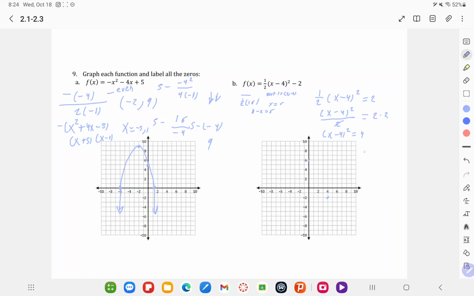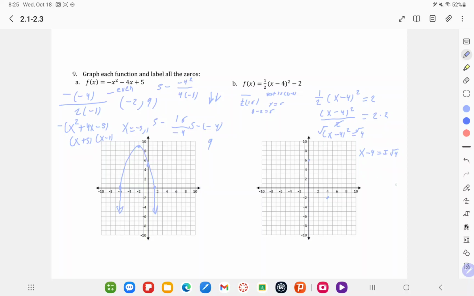Here, let me show it to you guys rather than just blabbering. X minus 4, and then you square root it. What that would give you is plus or minus square root 4, because you square root it to get rid of the 2.